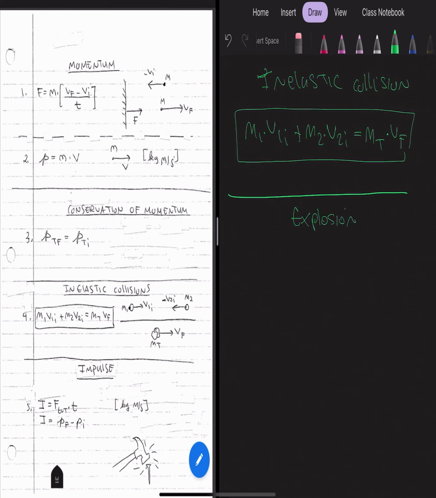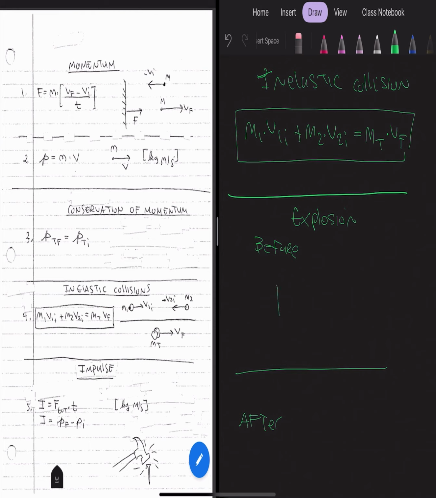What that means is, let's say that there's a rocket flying through the air, and it has different parts. There's a small part here, and there's a big part. We're just going to assume that it's going to move in a straight line. So this is before the explosion, and then this is going to be after the explosion.